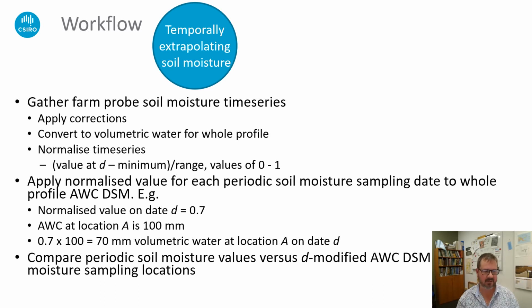Then by multiplying the 0.7 normalized value by the 100 millimeters of available water capacity, we get a volumetric water estimation of 70 at site A on date D. And we compare that data and test it against the DSM.